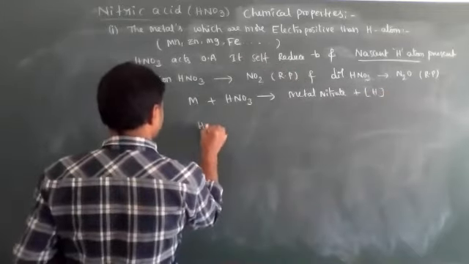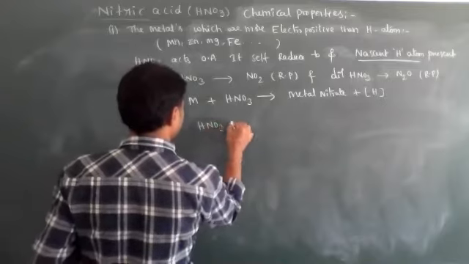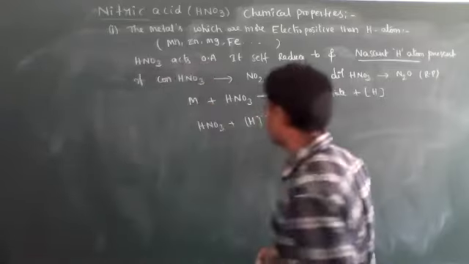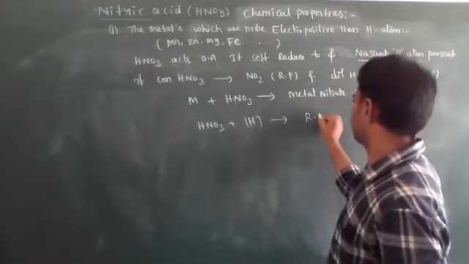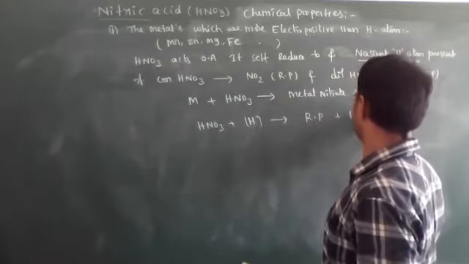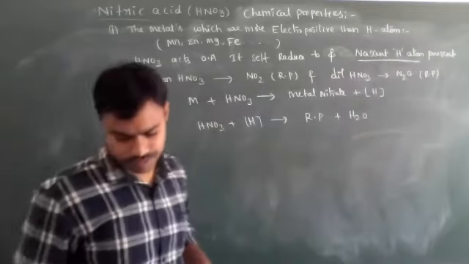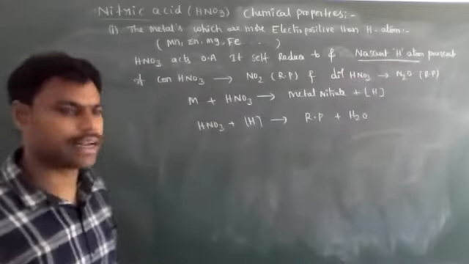This nascent hydrogen reduces HNO3 into the reduction product plus H2O.